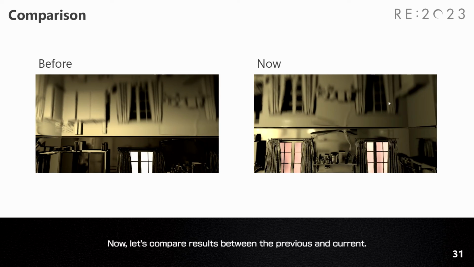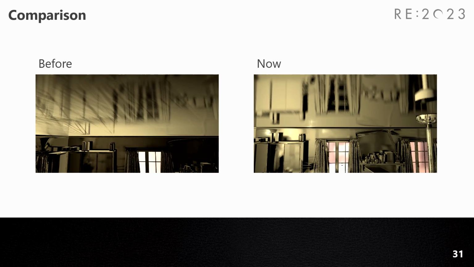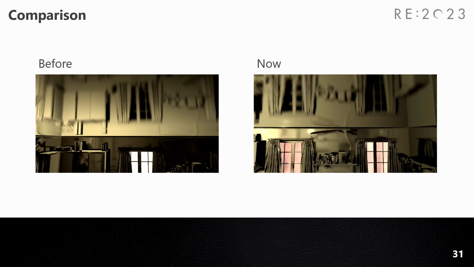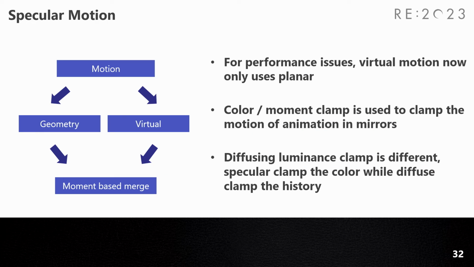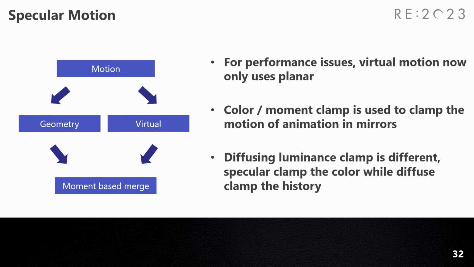Now let's compare results between the previous and the current. Thin lens motion was used before to improve the motion from curved geometry. For performance reasons, planar virtual position is totally enough for most cases.